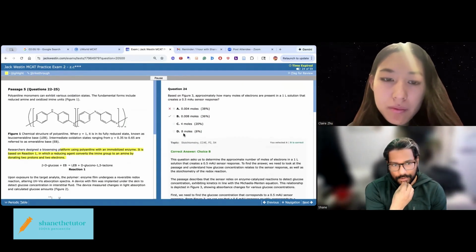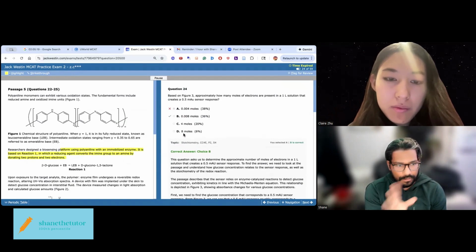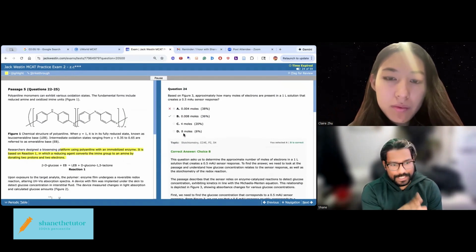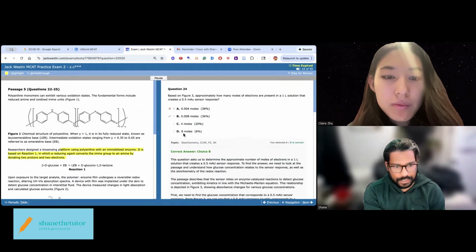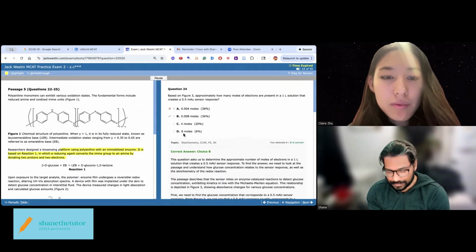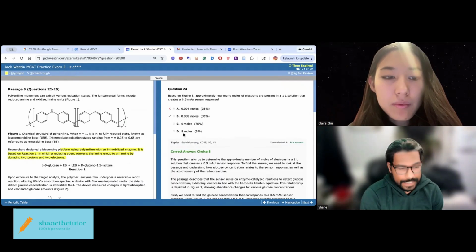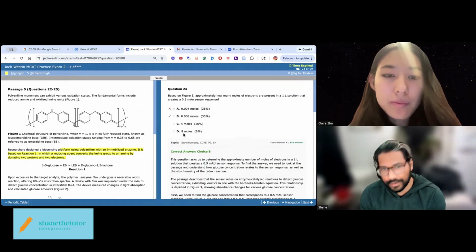Okay. Now, all in all, when you read these passages, I know you mentioned something about reading the questions first and then going to the passage. That might be fine, but remember that the test is designed to kind of trick you in that way.